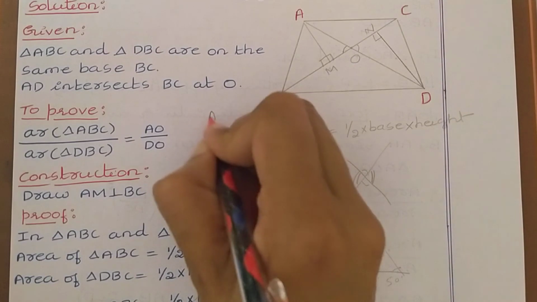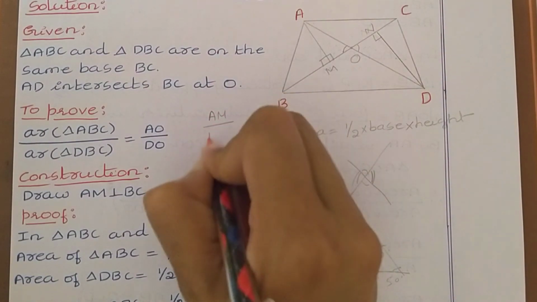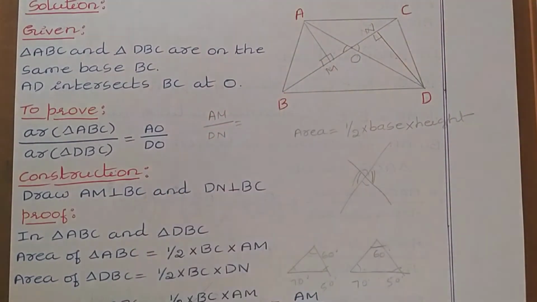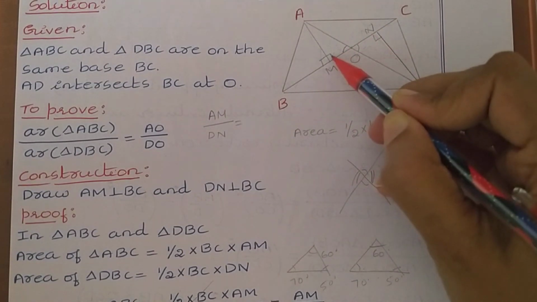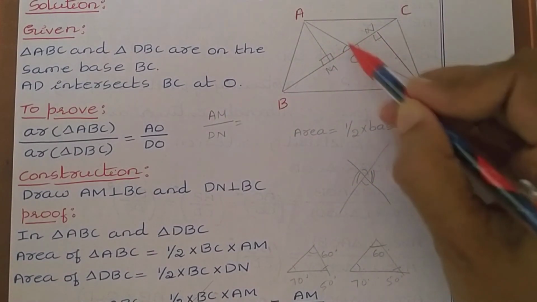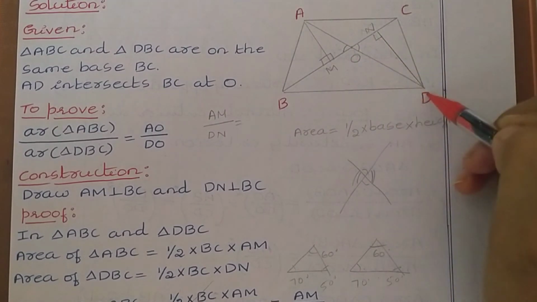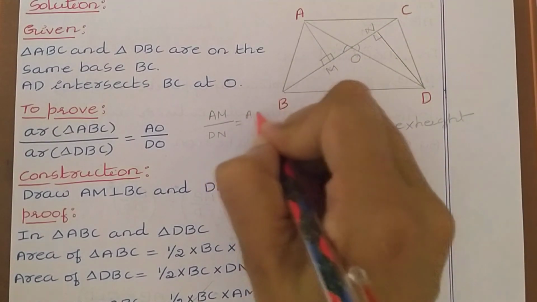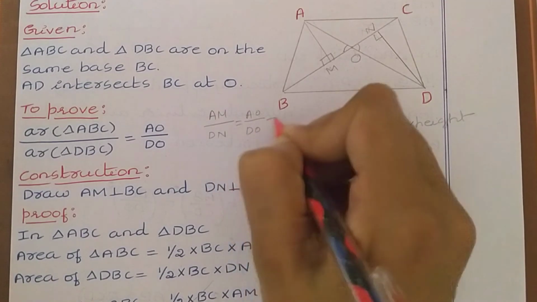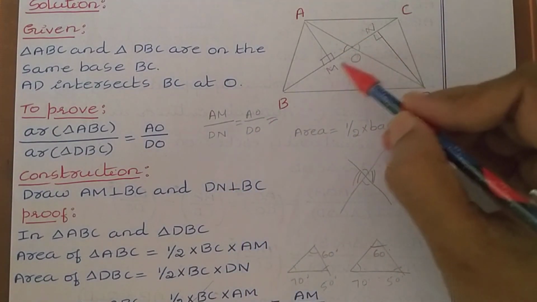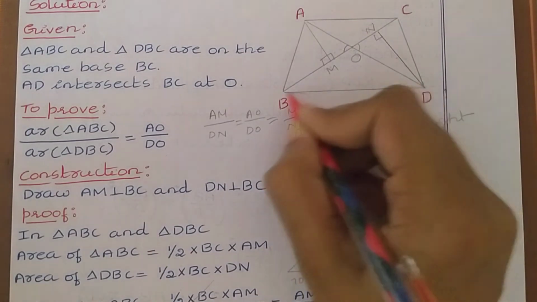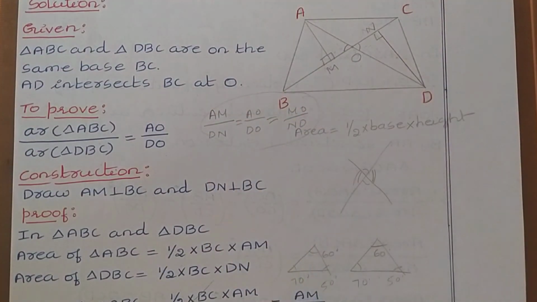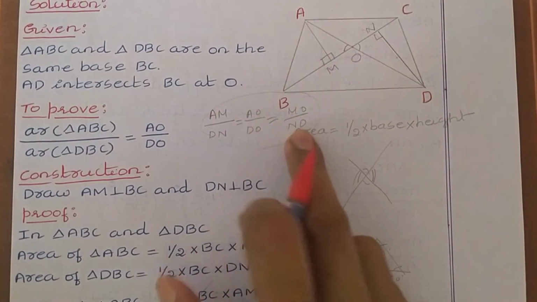So one ratio you can write is AM divided by DN. Next, these two angles are equal. So opposite to this, here we have the side AO, here we have the side DO. So AO divided by DO. Then write the remaining side, that is MO divided by NO. Like this, you can write the corresponding sides ratio.